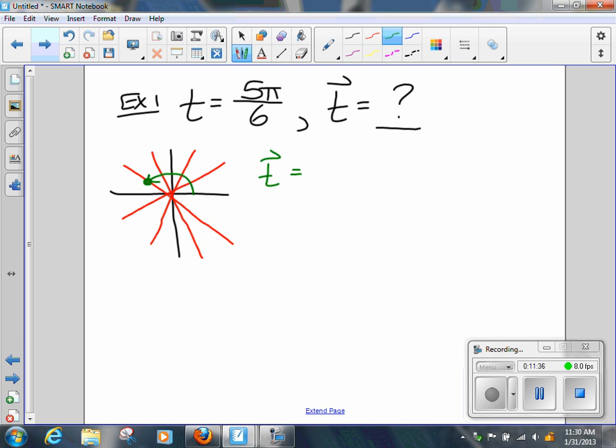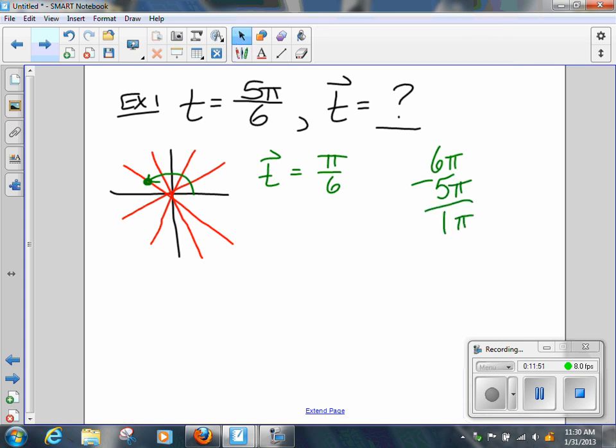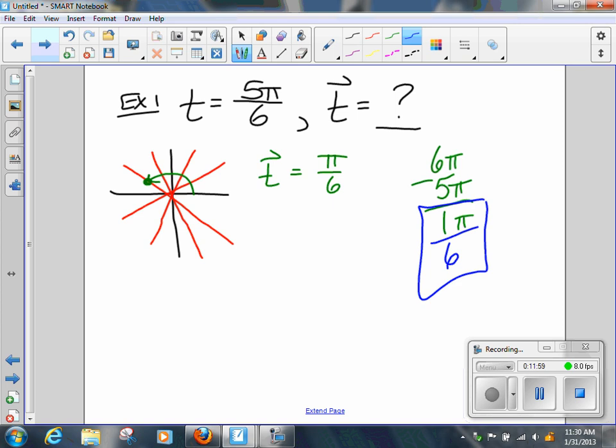Pi over 6. Have you figured out how to do this mathematically without drawing a thing? I'm going to take 6 pi, take away 5 pi, which gives me 1 pi, and then you throw it over the denominator you started with. So sometimes you're not going to have to draw it at all. You can just do the math. That's another way to think about this.